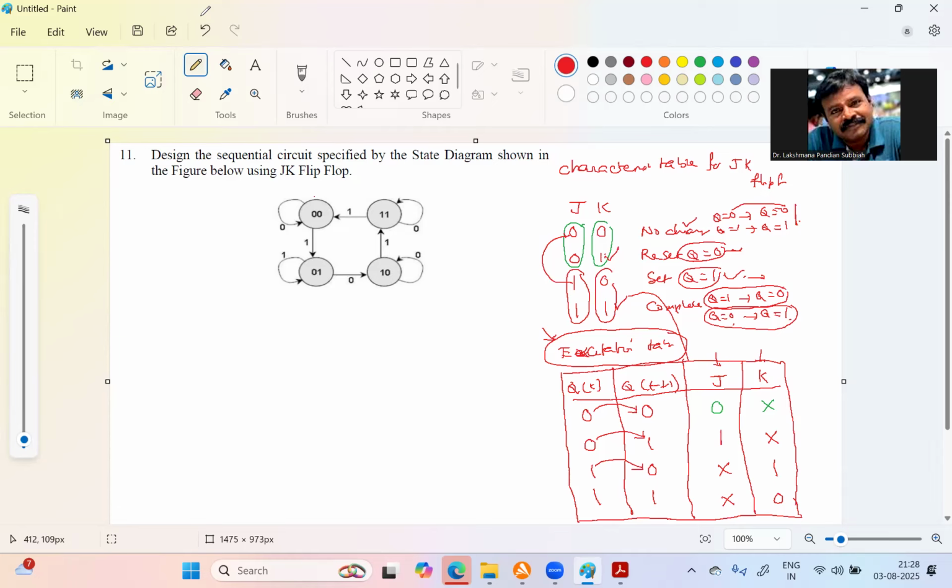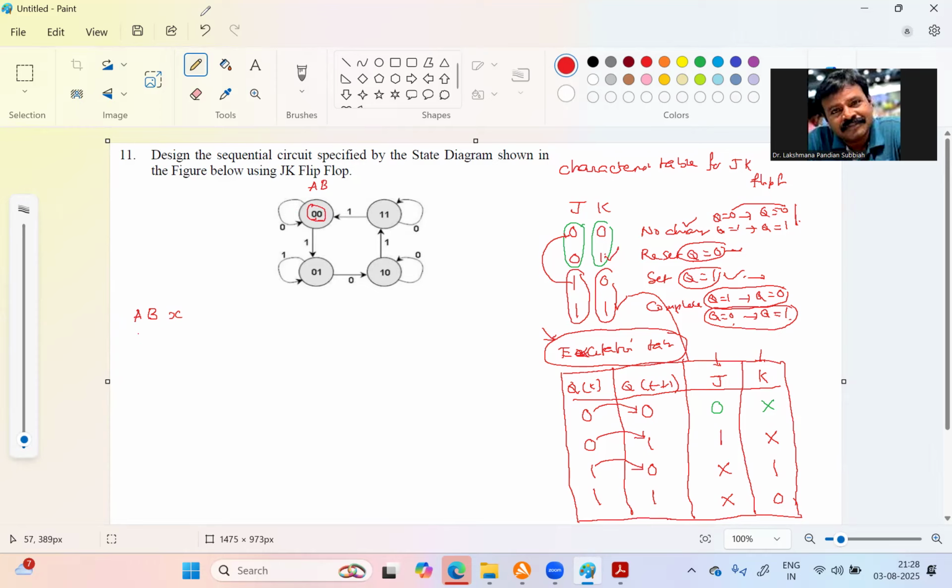Now here we are having two flip-flops, A flip-flop and B flip-flop, because two values, 0 0. So we are having A, B as the present state and X as the input, right? So from this state, this is case 0 0.